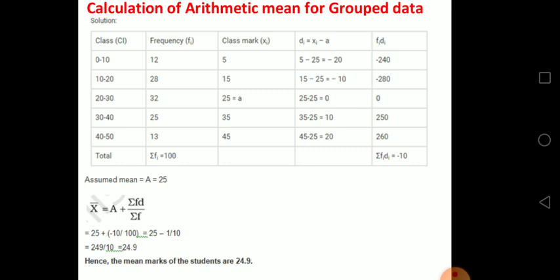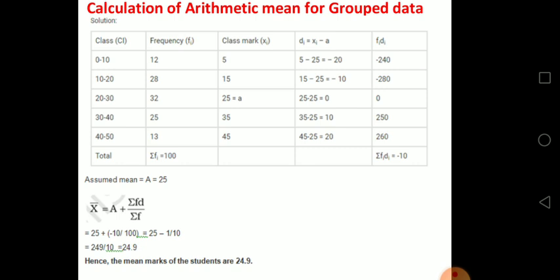At the end of it, you need to multiply the deviation with the frequency. Multiplying 12 by minus 20 gives minus 240. 28 multiplied by minus 10 gives minus 280, and so on, up to the last class.